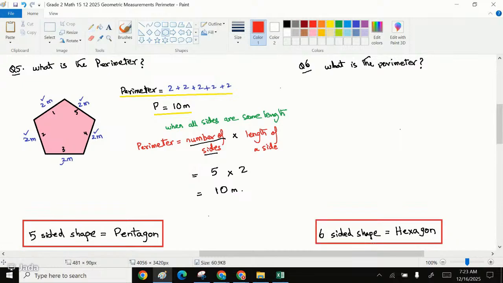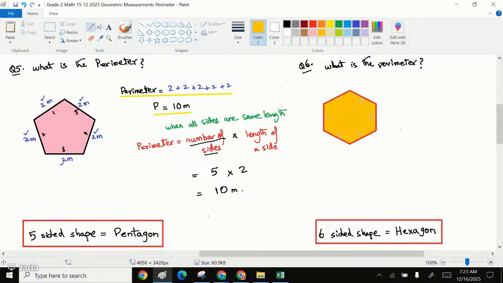So let's see. If we have a hexagon, let's label 1 side, 2 sides, 3 sides, 4 sides, 5 sides, and 6 sides. So we know that our shape has 6 sides in total.